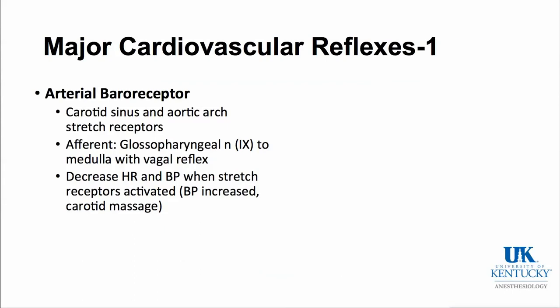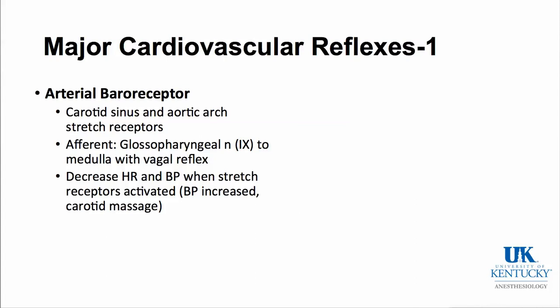We'll finish up with two slides on major cardiovascular reflexes. The first is just the classic arterial baroreceptor that's present in the carotid sinus and the aortic arch. In the case of stretch associated with an increased blood pressure, there are afferent signals that go from the glossopharyngeal, ninth cranial nerve, to the brainstem medulla and then back to the heart via the vagus nerve and slows the heart rate.